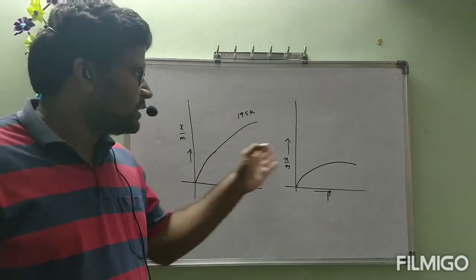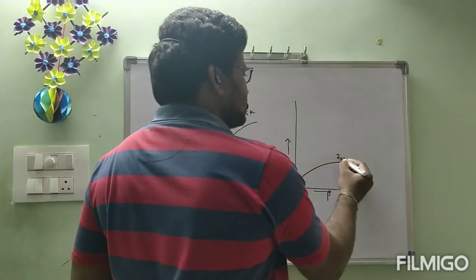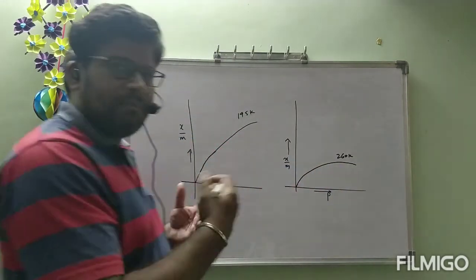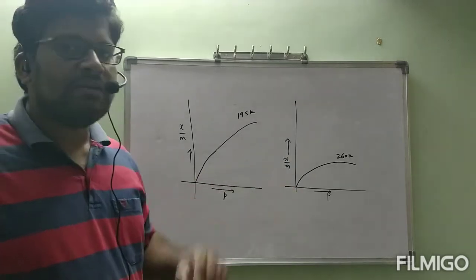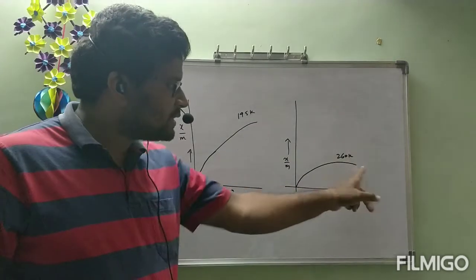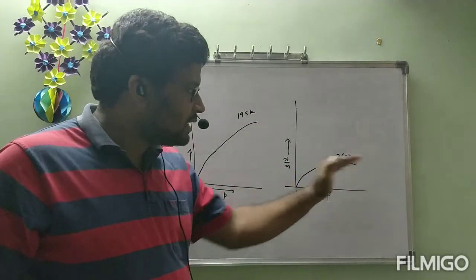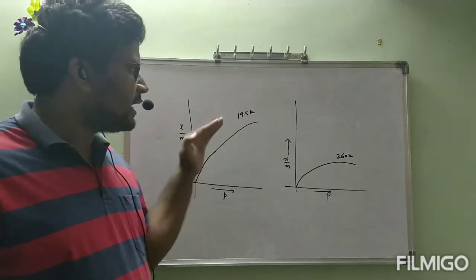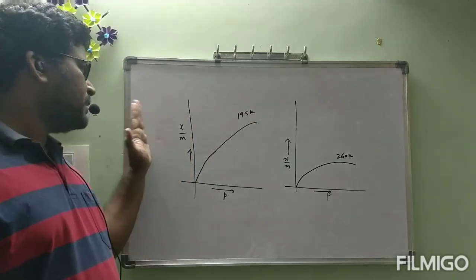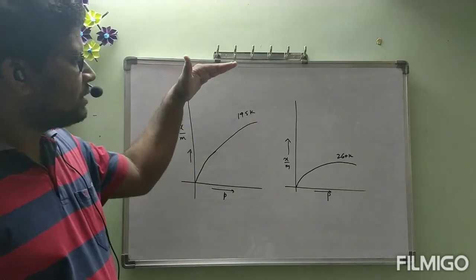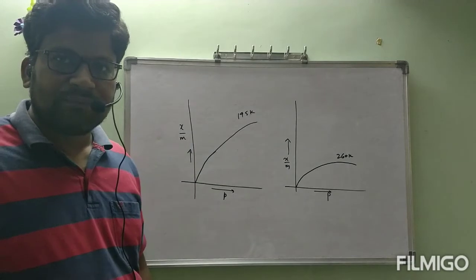But suppose this happened at 260 Kelvin. When temperature is increased, that increase will be less, but the graph will be the same. This graph is obtained at lesser height, that one at higher height. If you take a lower temperature, it will go higher than this.